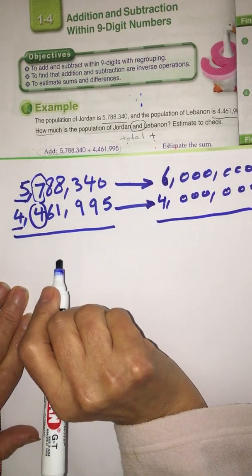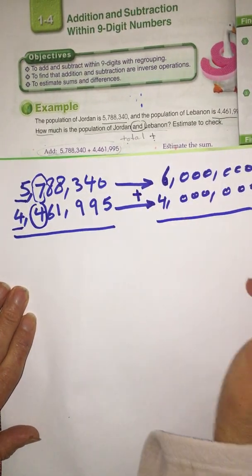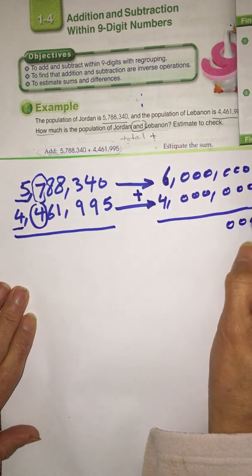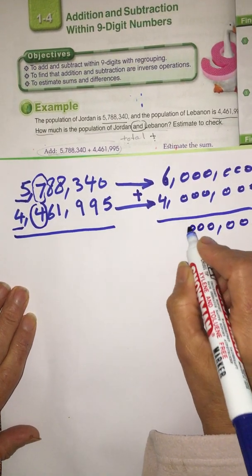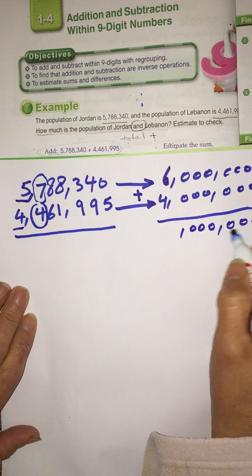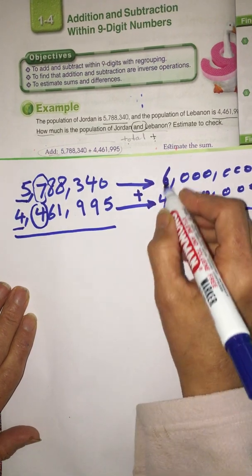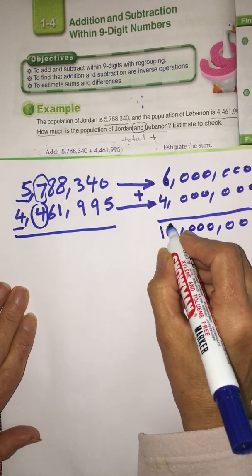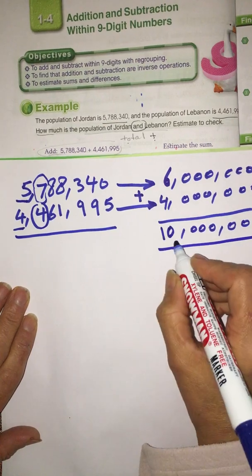Now what I am going to do, I'm going to add. Of course, these 3 zeros will go down, and these 3 also. This is the period of ones, this is the period of thousands. Now 6 plus 4, it is 10 millions. So the estimation is 10 million.